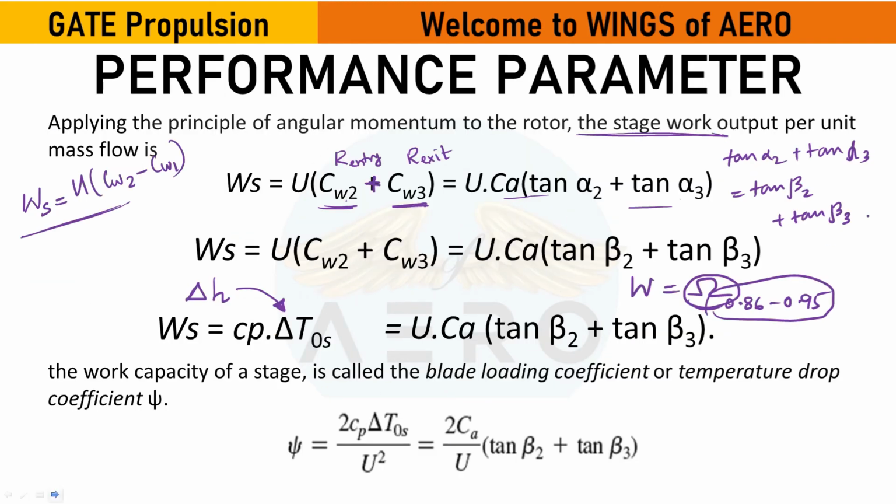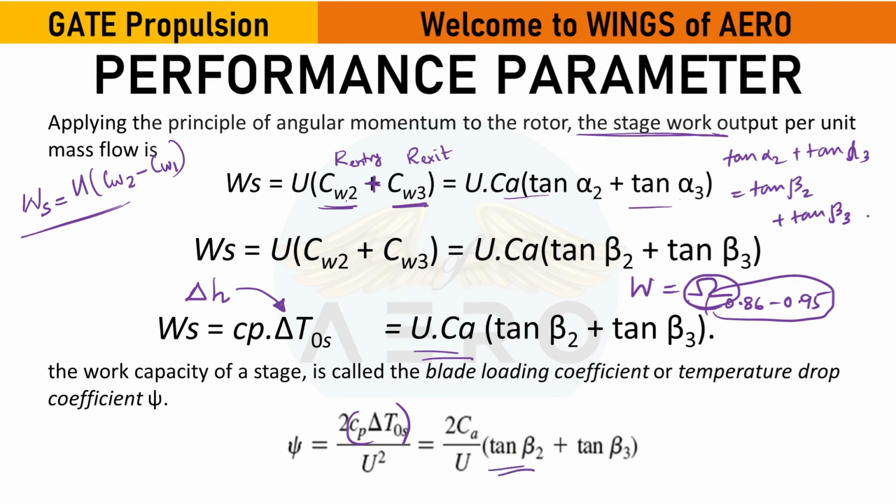Okay, right. Now we have the blade loading coefficient, which is the same as what you have studied for the compressor. So the same thing goes here. In place of this work done, you just substitute this value, and you will get this value.